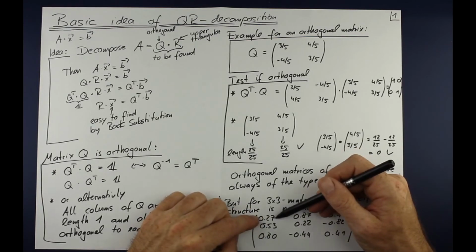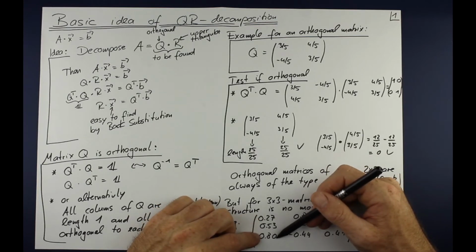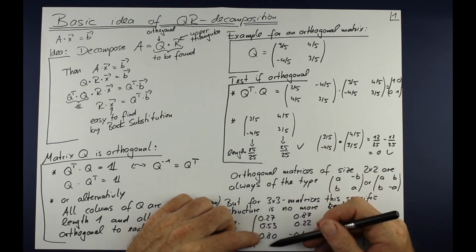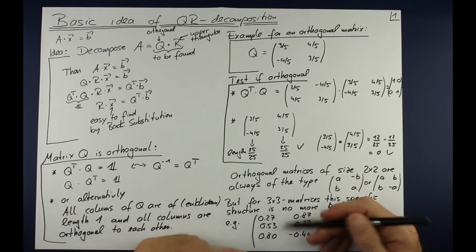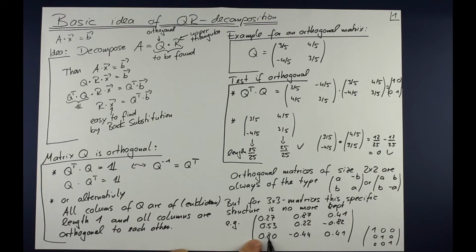Square this entry, square this entry, square this entry, and then sum them and the result will be 1. Here we have 0.64, here more or less 0.25, and here more or less 0.1, and if you add these 3 entries, you will get a 1.